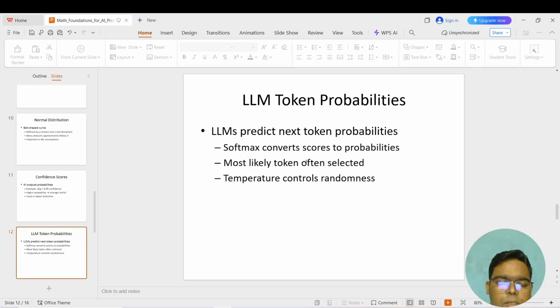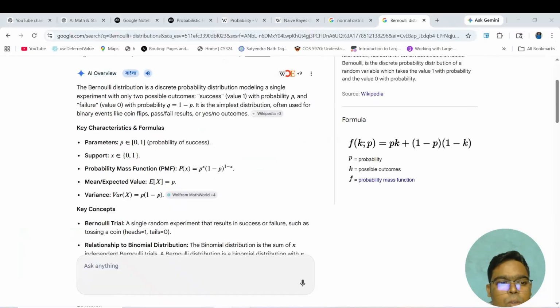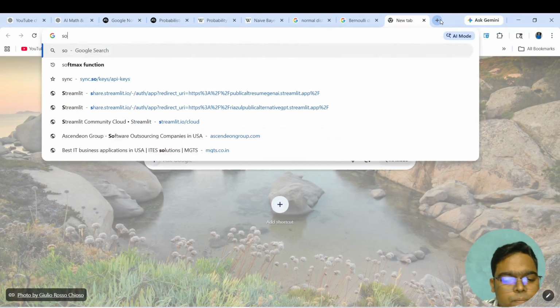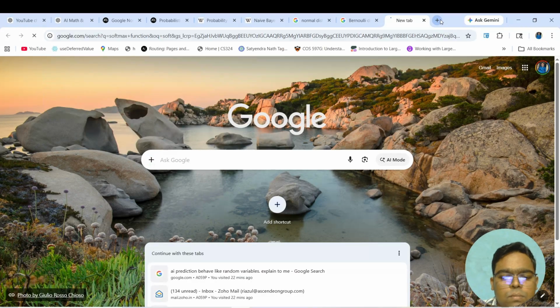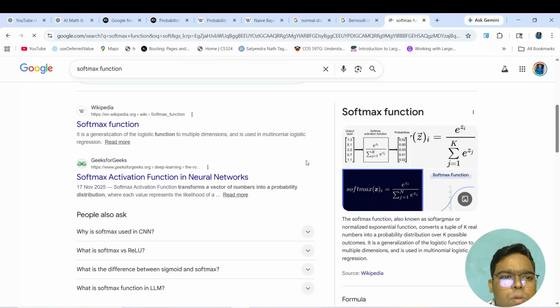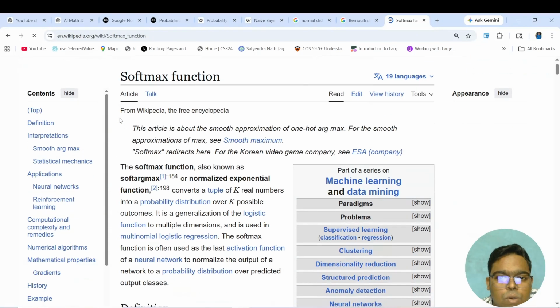This is a little bit important, because when we talk about logits, they are values from the neural network, but not proper probabilities. Softmax converts those neural network logit scores into probabilities. Let me show you the Softmax.